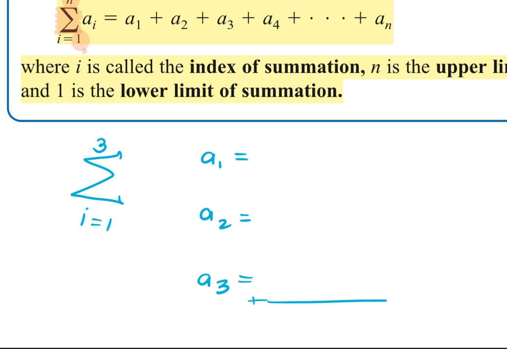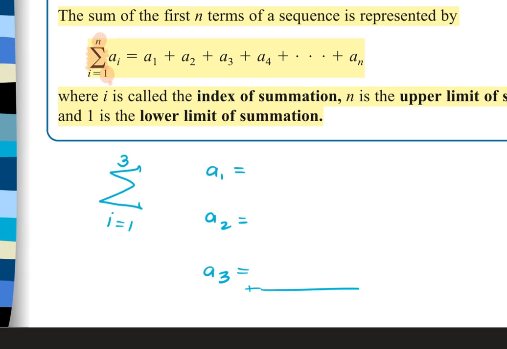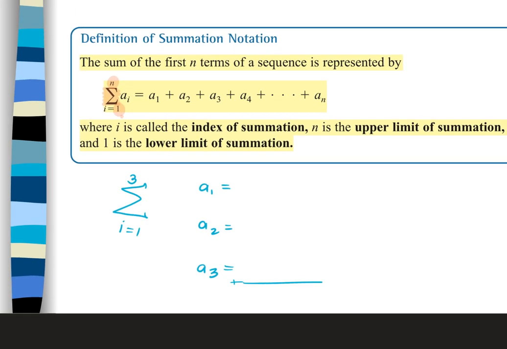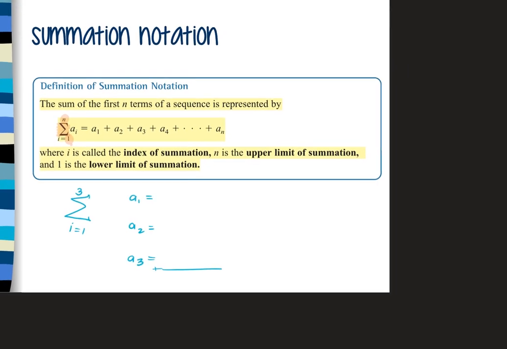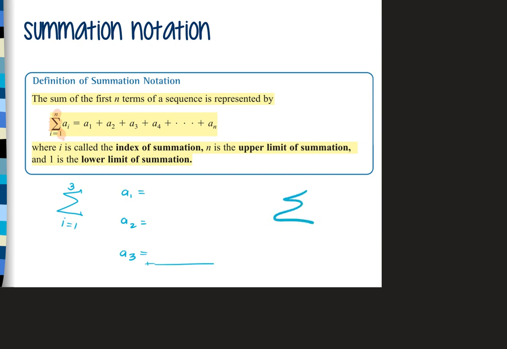If it said 1 on the bottom and 5 on top, I'm going to find A1, A2, A3, A4, A5, and then add them all together at the end, okay? The bottom number tells you what term to start at. The top number tells you what term to stop at. So if my sigma notation was 4 on the top and this said i equals 2, now I'm finding A2, A3, A4, and then adding them together at the end, okay?